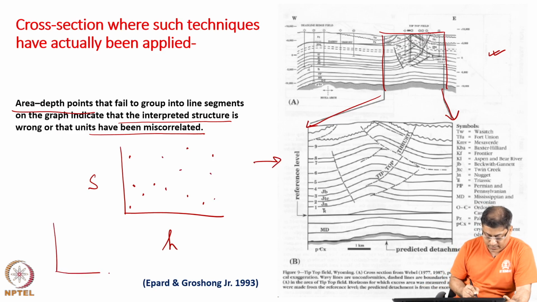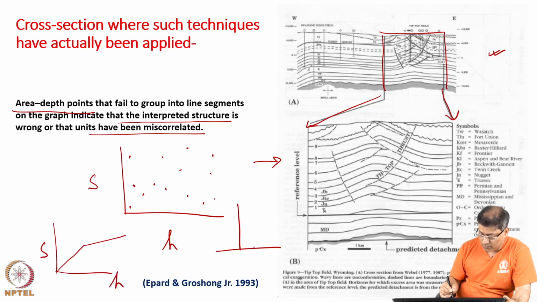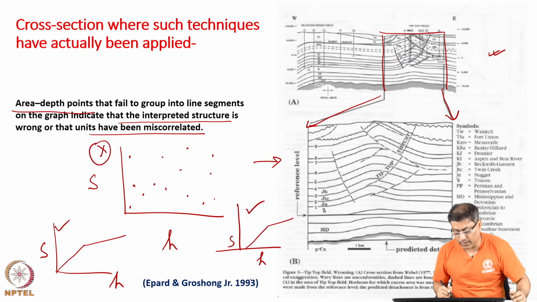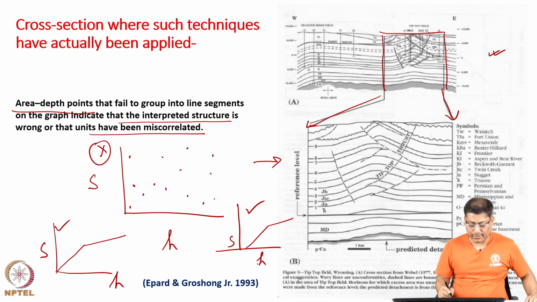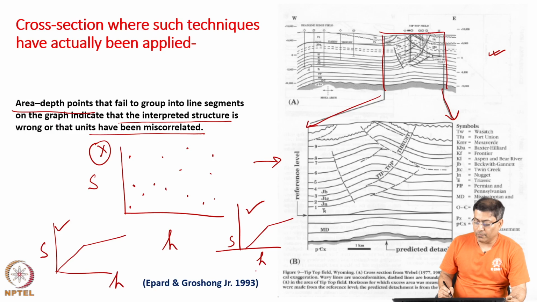What we expect is a lower segment of line and an upper segment of line, or the graph can go like this, a lower segment of line and an upper segment of line. So, these are correct, and this creates trouble. One needs to go back to the interpretation. So, the excess area graph has also another application of knowing whether the structures have been correctly interpreted.